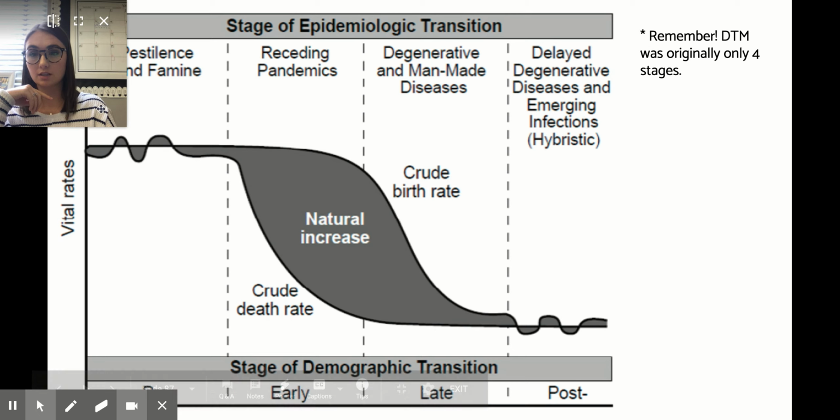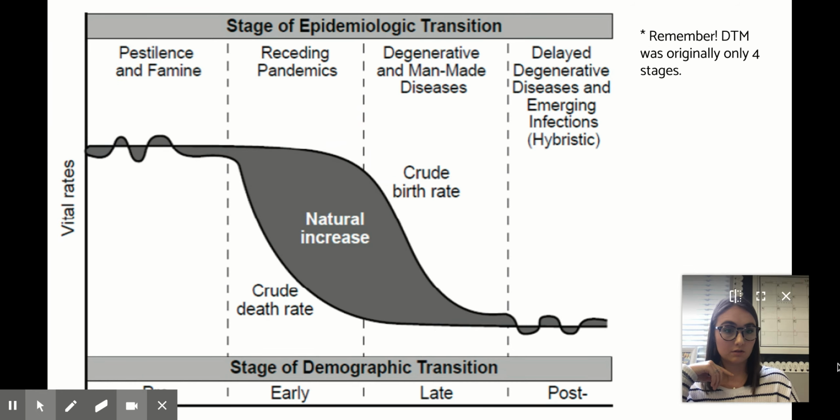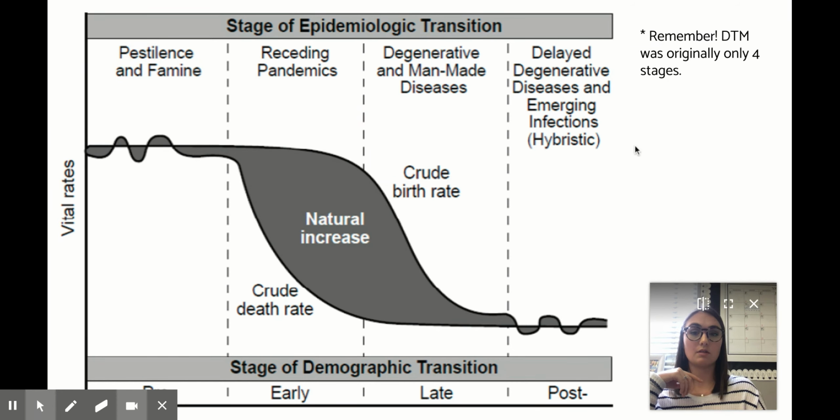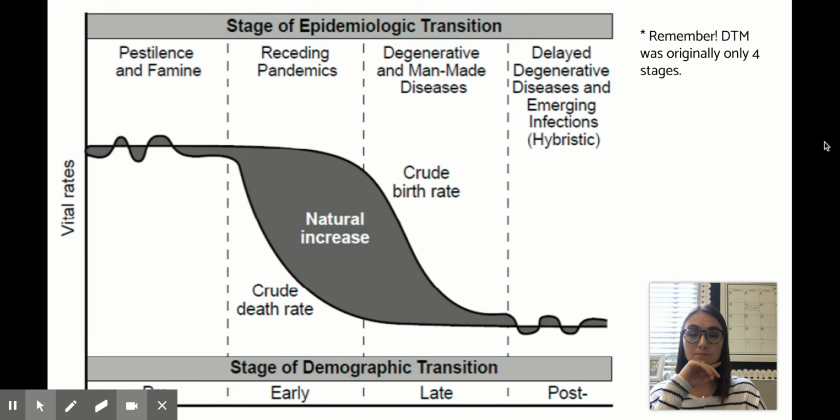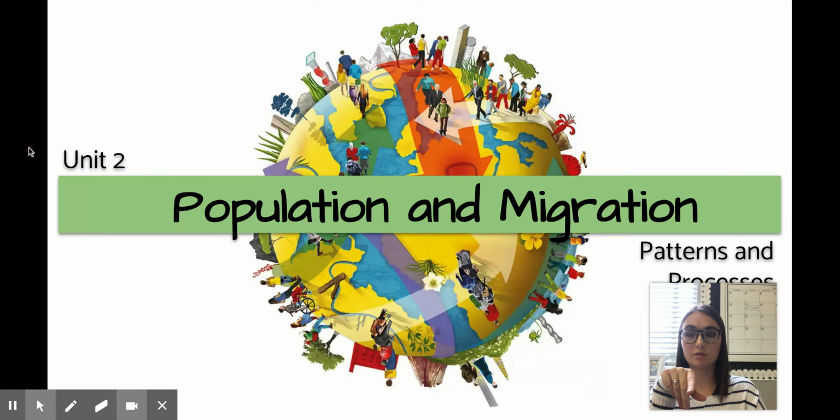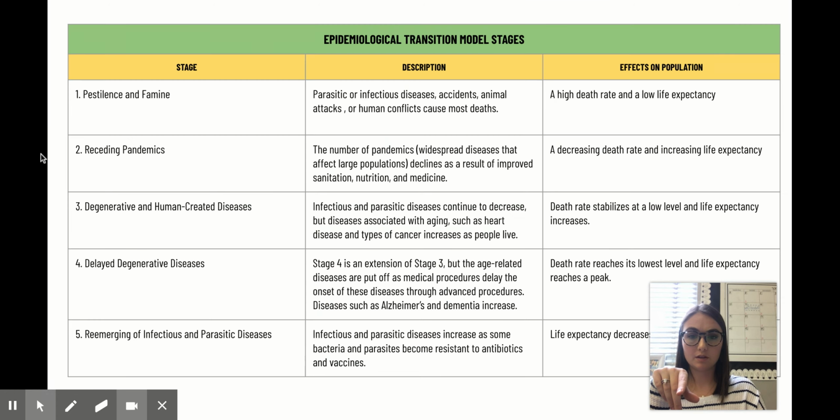This is just the epidemiological transition model stages on the demographic transition model so that you can kind of see it that way. I'll post this document too, along with this chart so that you all can study those together.